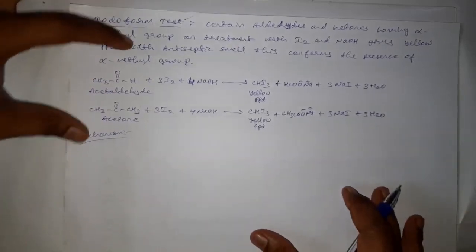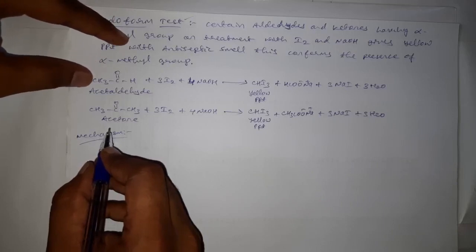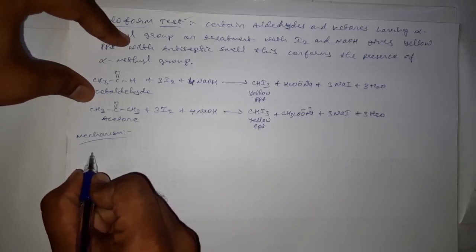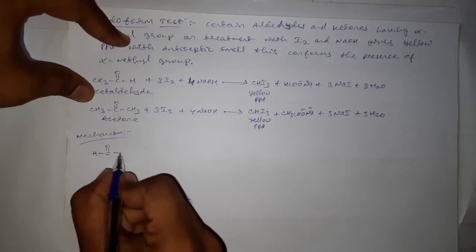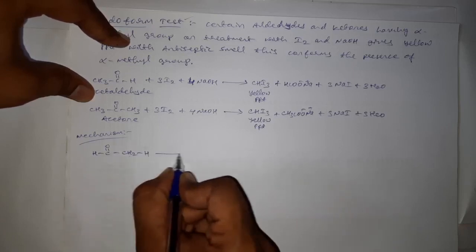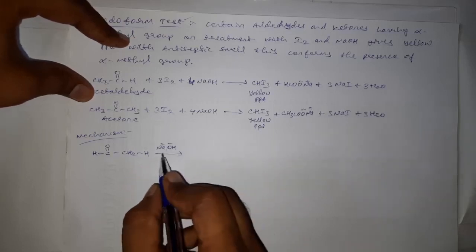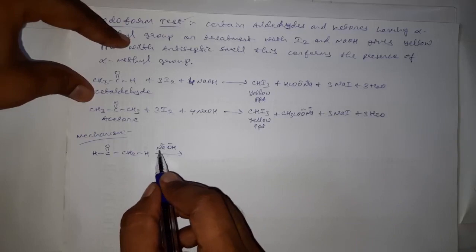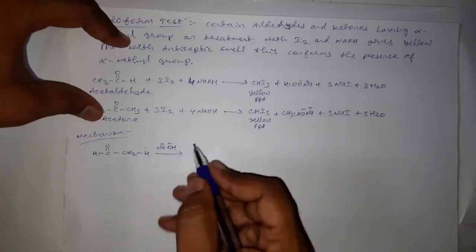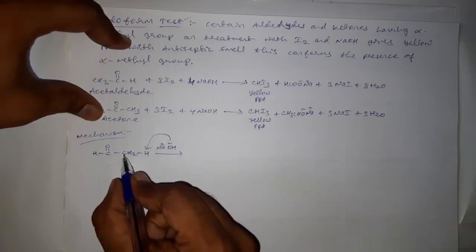Coming to the mechanism of this reaction, here I am explaining the mechanism for acetaldehyde. I will write it like this: HC double bond O CH2H. This, when treated with sodium hydroxide, which in aqueous state is there as Na plus and OH minus, this OH minus will act as a base, and it will drag the alpha hydrogens which are present on the alpha carbon.